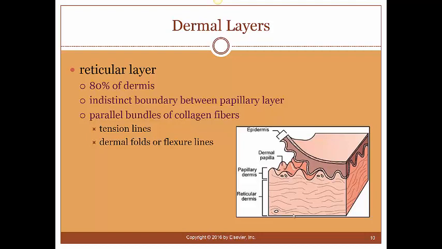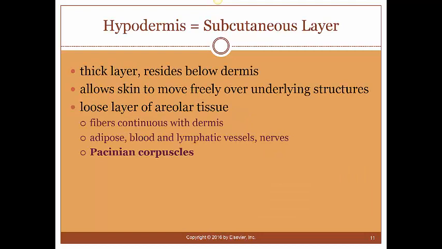We do get things called dermal folds or flexure lines, and these can be really important for letting skin move, especially over motion areas like the elbow and different joints. The last layer is the hypodermis. This can be a thick layer also. It resides below the dermis.